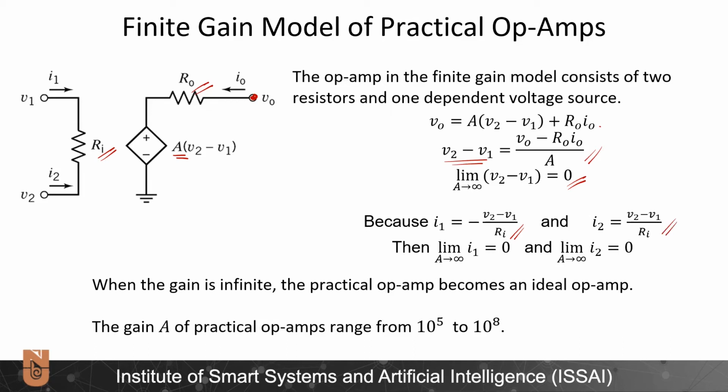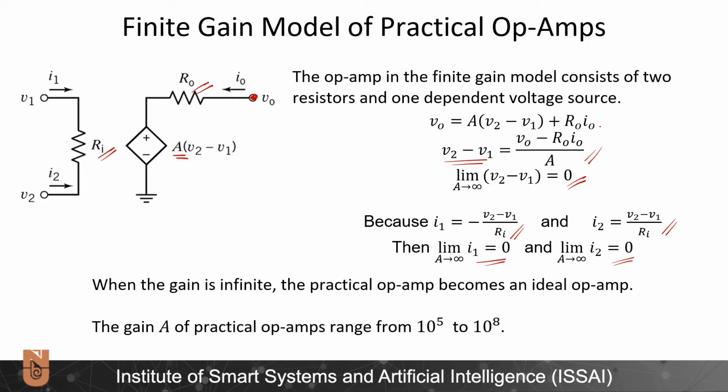So when A goes to infinity, V2 minus V1 goes to 0, and accordingly I1 goes to 0 as well. Similarly, I2 will be equal to 0 as well. Remember, in the ideal operational amplifier circuit, we always stated that the currents entering the input terminals of the operational amplifier are equal to 0. Yes, here we see why that was the case.